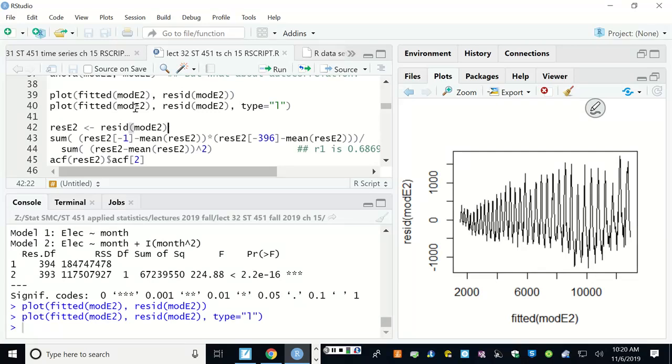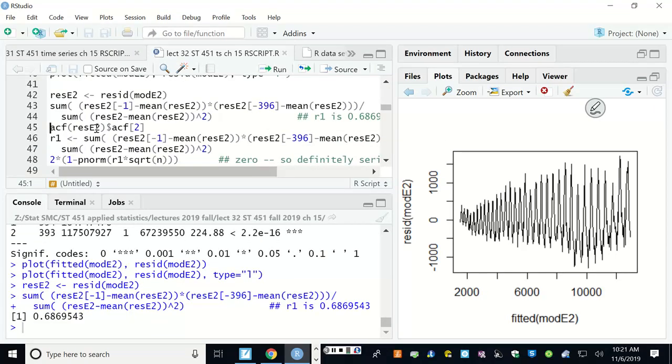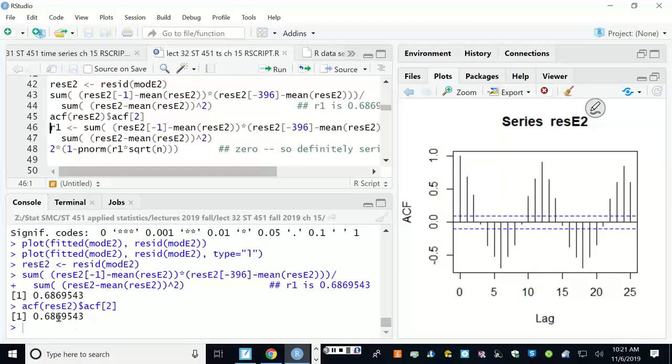So we fit that model, we're going to take those residuals, and based on those residuals, we're going to estimate r1. So this is doing it the so-called manual way. The autocorrelation function on the residuals gives you r1 as well, 0.6869, and here's the picture.